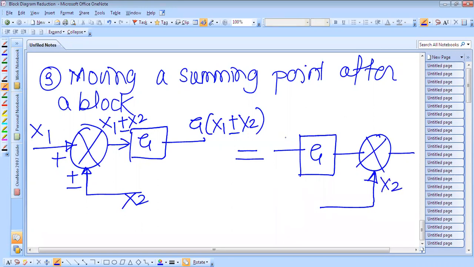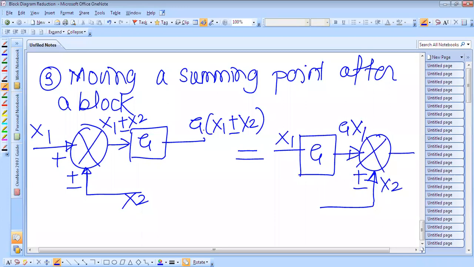At this end it is Gx, so this is G into x1.